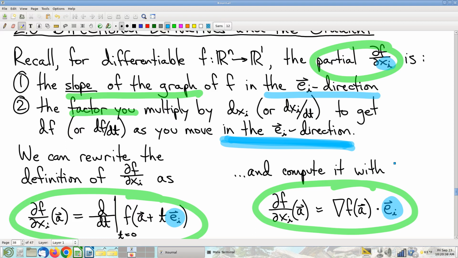Well, it's got nothing to do with variables anymore. This is all just statements about vectors. In fact, you might say there are certain computations that you can do from the point of view of: what if you're looking in a certain direction defined by a certain unit vector? As you look in that direction, the slope of the graph is the same as the factor you multiply by, which is the same as what this expression works out to be, which is the same as what that expression works out to be.